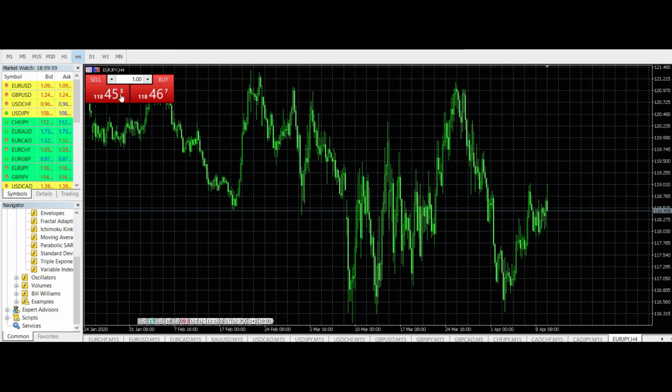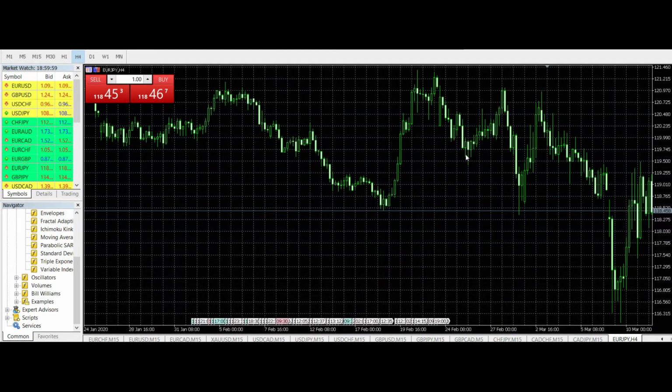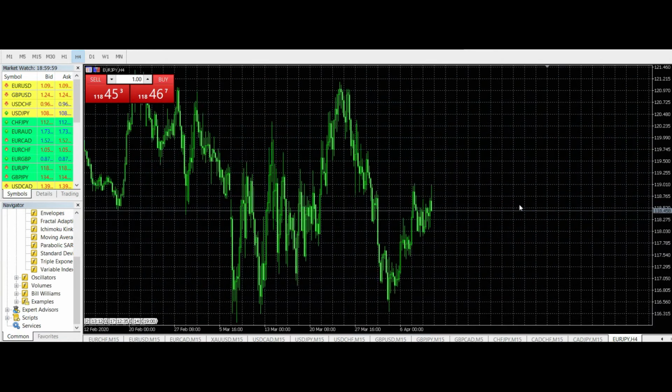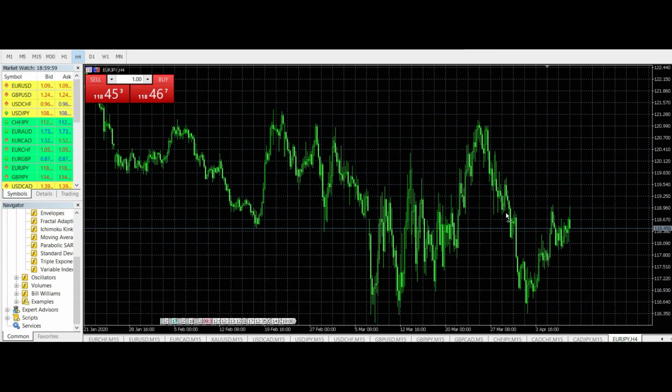And when we look now, we have the Euro-Yen chart, and I think this is just an amazing piece, because we can already see here a very nice resistance line that goes down right here. As you can see, you have to take into consideration even the shadows of the candles.